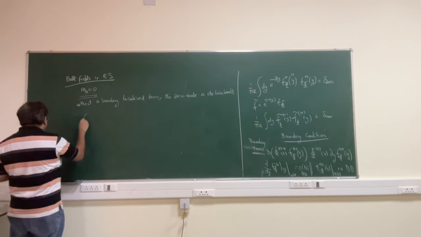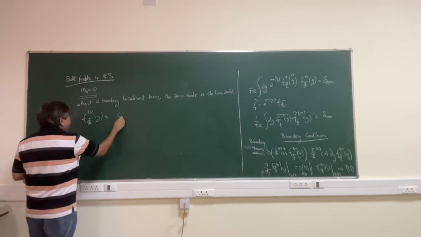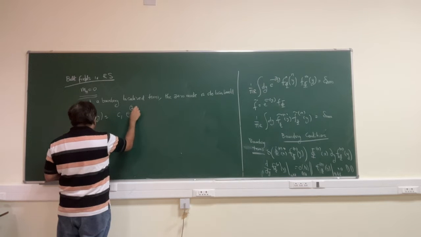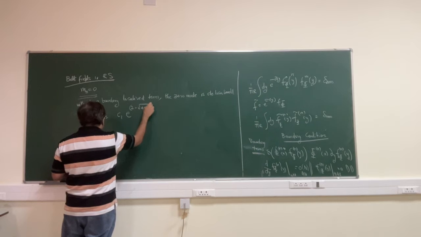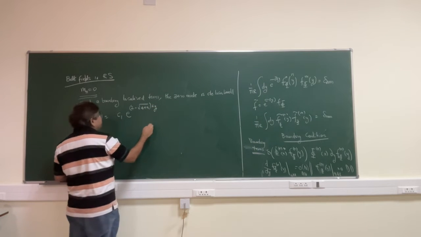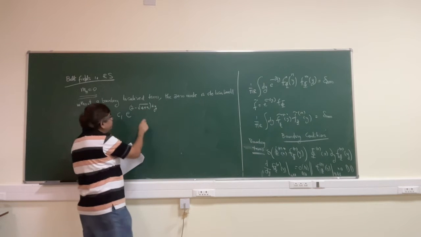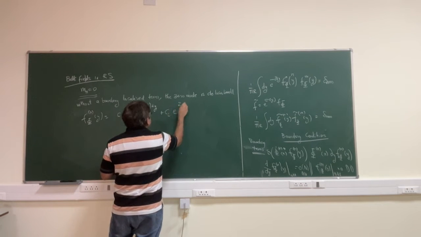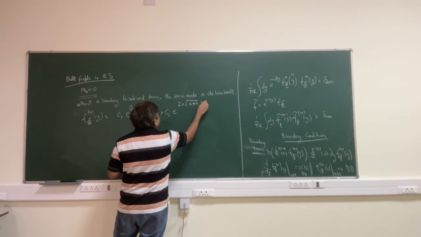If I take a solution phi of 0 of y, the differential equation will have a solution which is c1 e power (2 minus root of 4 plus a) ky, where a is the term with m square, the coefficient of the bulk mass term, plus c2 e power (2 plus root 4 plus a) ky.